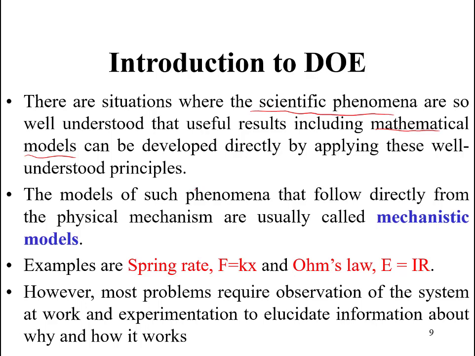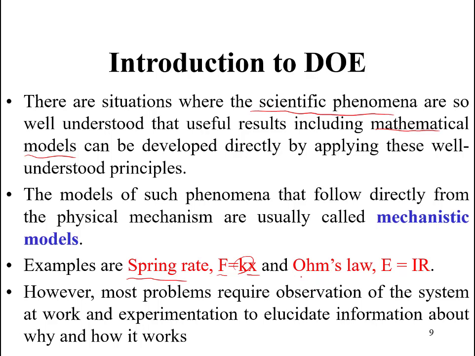This is a phenomenon, and you can find the equation for that. Another simple example is spring force. You know we have a relationship between the spring force and the distance which you can compress or extend it. This relationship can be defined like this: F equals Kx, where K is the spring coefficient.